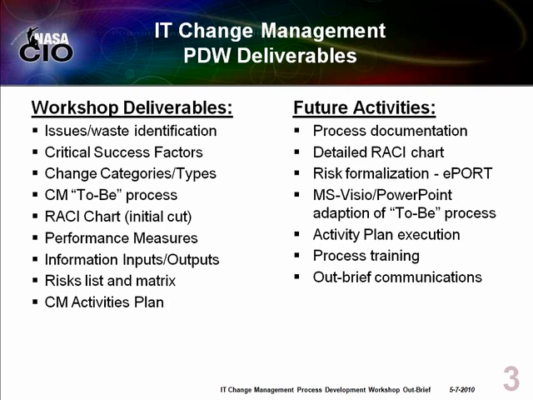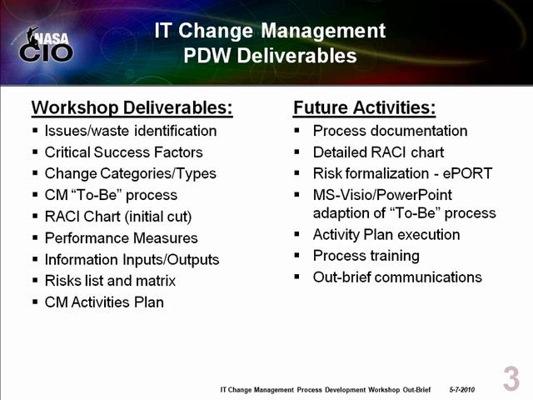Future activities, again, because there's only so much you can do in the course of a week: more detailed process documentation, detailing out of the RACI. Now, a lot of what came out of the Goddard meeting 2 weeks ago will facilitate that. The development of the service offices will facilitate this. Also, risk formalization: we're using the ePort system up here at headquarters.